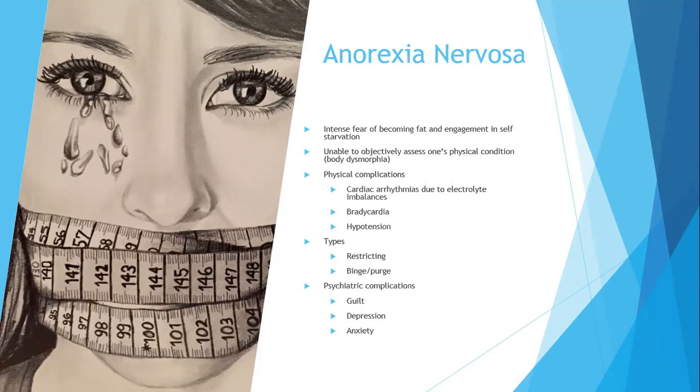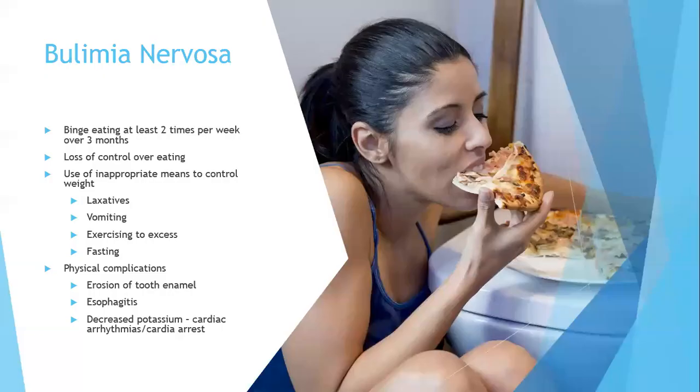The types of anorexia nervosa are classified as restricting, meaning people who just don't eat, and binge purge, where you eat the food and then throw it back up. There are psychiatric complications: guilt, depression, anxiety. It's not a nice thing. Hopefully they can get help before it gets to the point of cardiac arrhythmias.